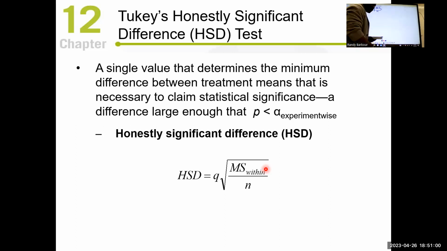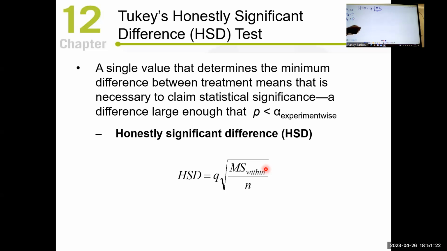So we're looking at our mean differences from our sample. We had a mean of 5, a mean of 9, and a mean of 10.